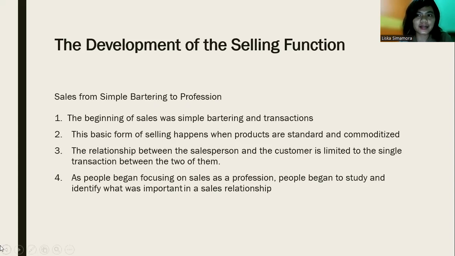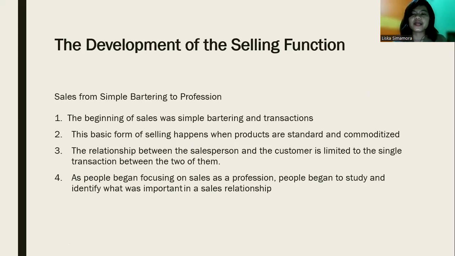Let's dig more. This basic form of selling happens when products are standard and commoditized. For standard and commoditized products, the transaction is the basic one. The relationship between the salesperson and customer is limited to the single transaction between the two of them.